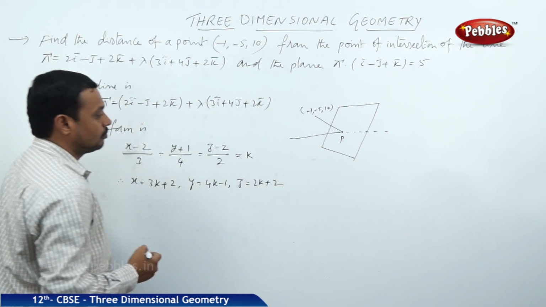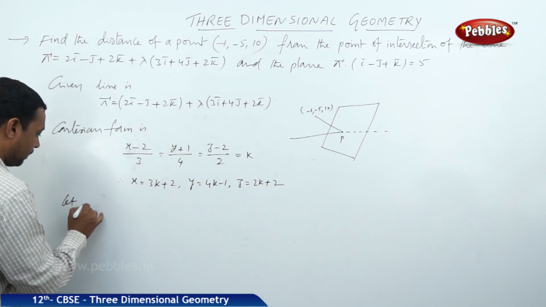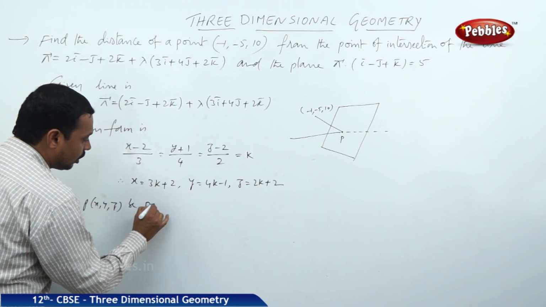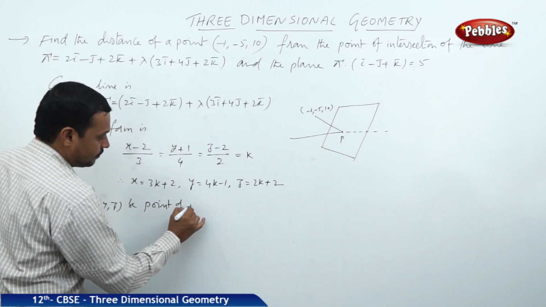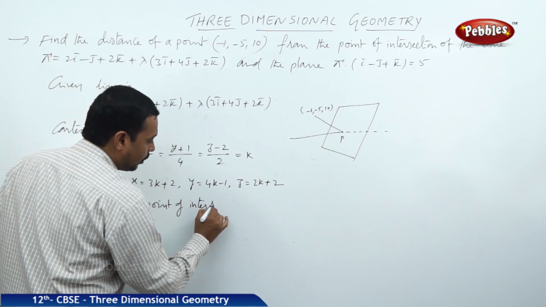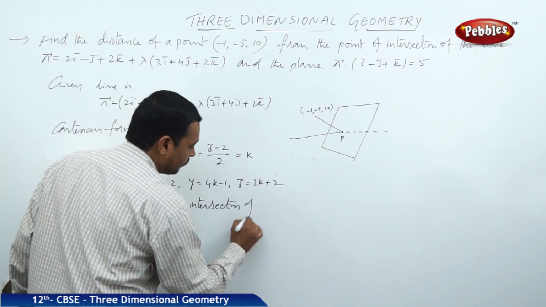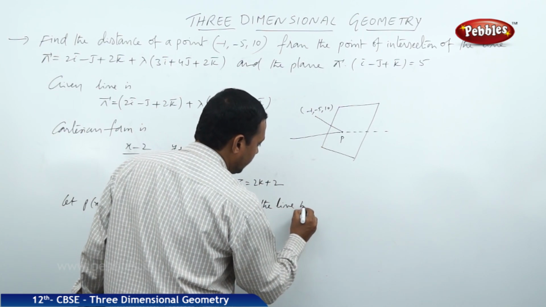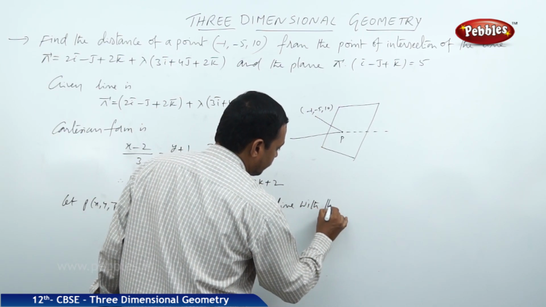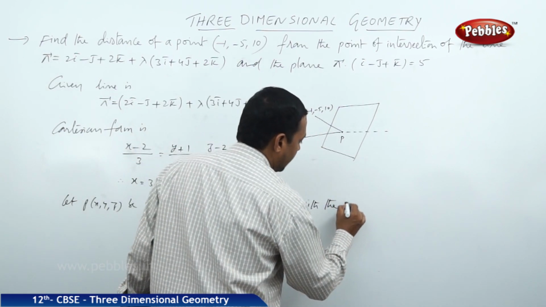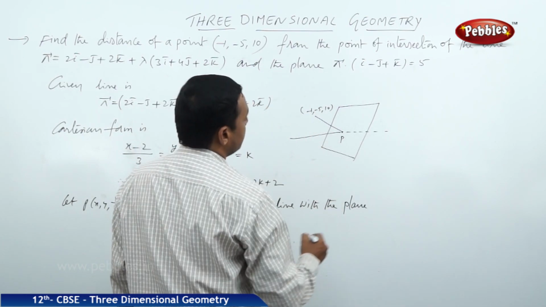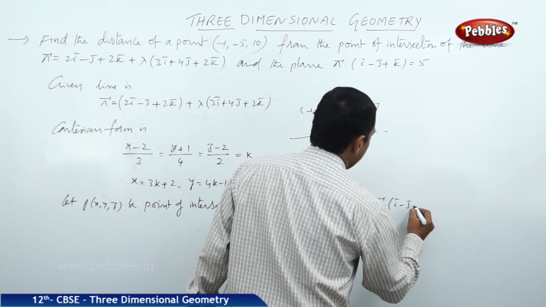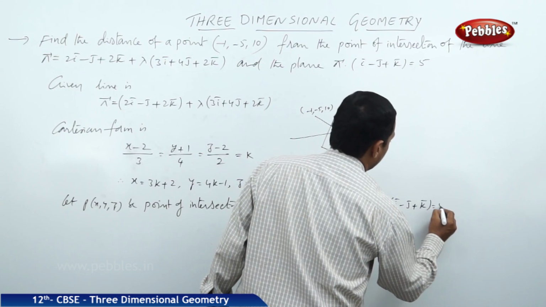Now, let P(x, y, z) be the point of intersection of the line with the plane r bar dot (i minus j plus k) is equal to 5.